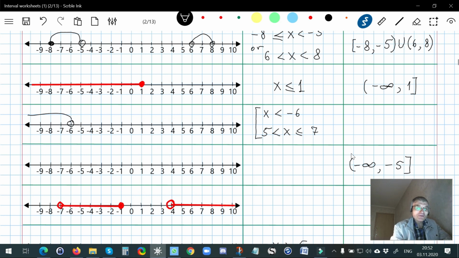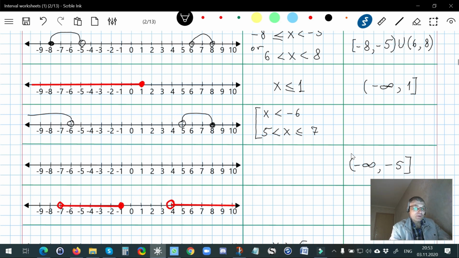And here I have open 5, and closed 7. This is my second part of my set. And now I'm good to go to write down the interval notation.